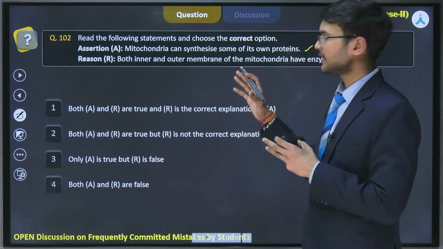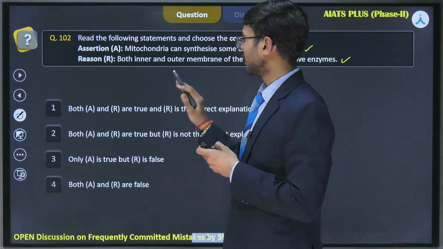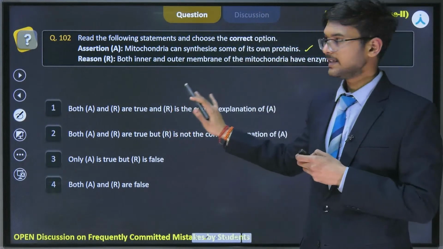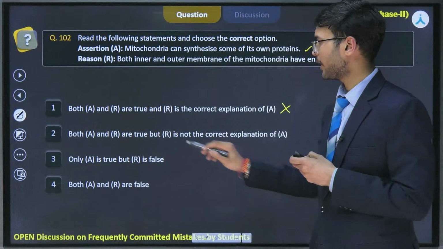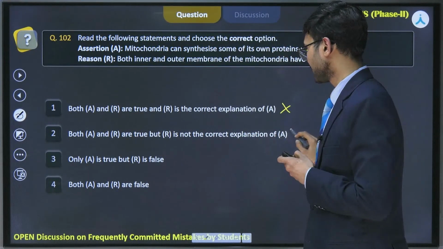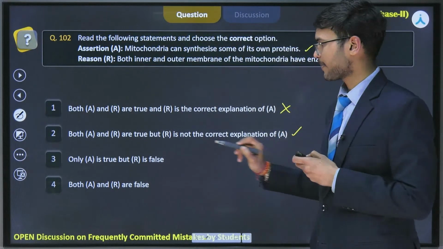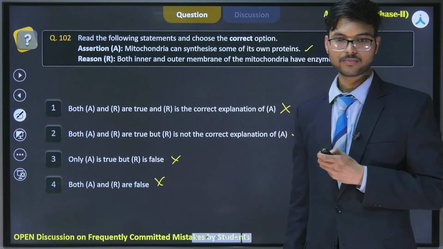But the reason is not explaining the assertion here. So both assertion and reason are true, but the reason is not the correct explanation. So the first option is incorrect, while the second option, both A and R are true but the reason is not the correct explanation, is the correct option, while 3 and 4 are ruled out.